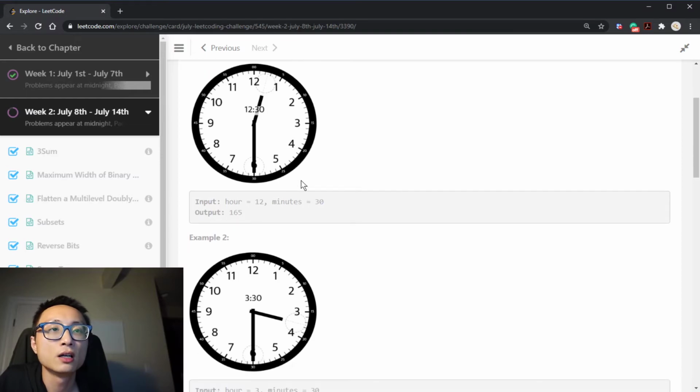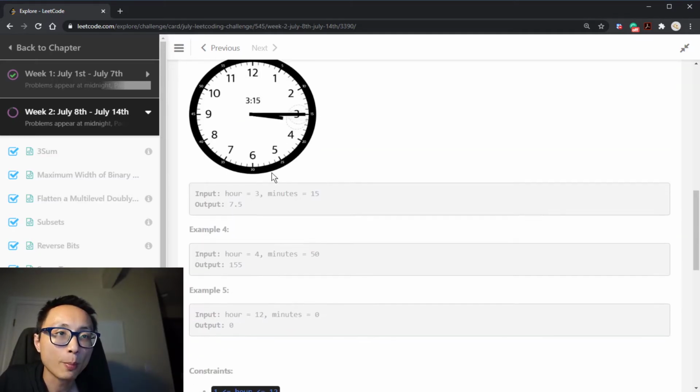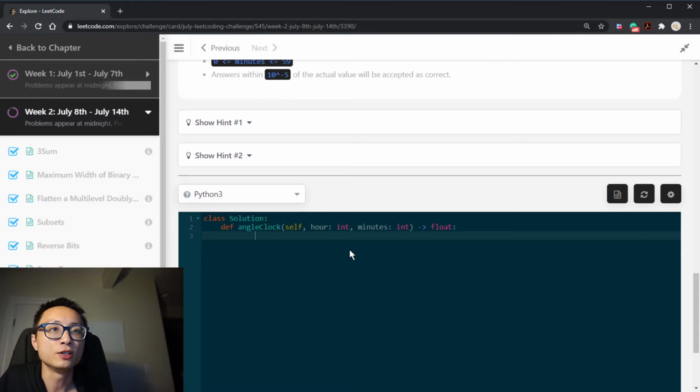Yeah, so that's pretty much how to solve this problem. We figure out the degree angle between 12 o'clock direction with these two hands separately, and take the difference to get one angle, and use the sum up to 360 property to find the smaller angle between the two. Yeah, so that's pretty much it.